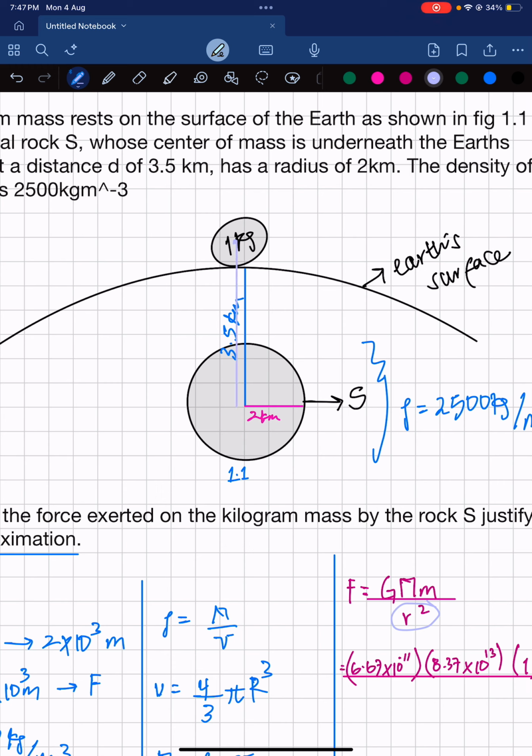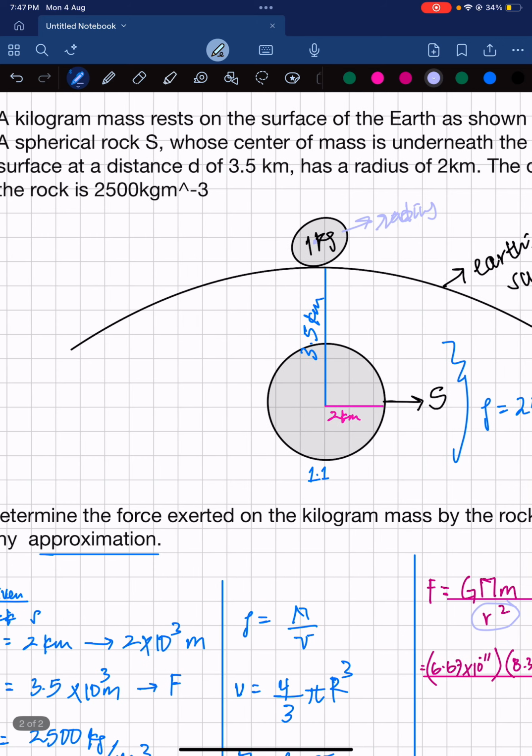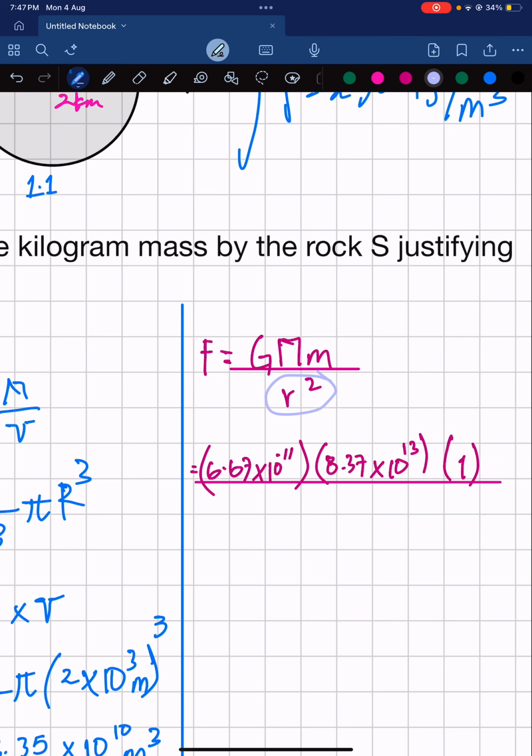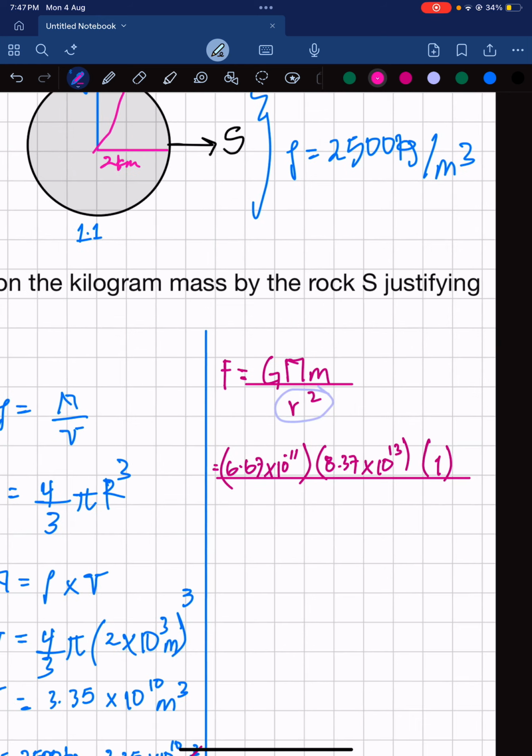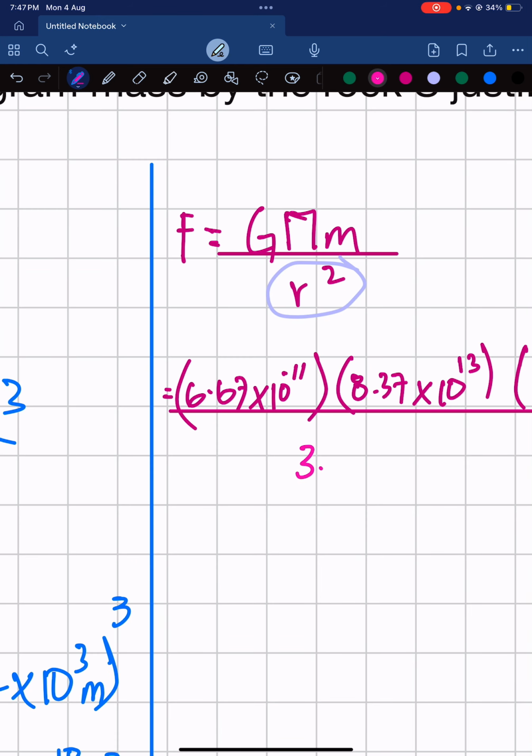but we don't have that distance, and that's why they say they need the approximate force. So we will just use D, that is from here to here, that is 3.5 kilometer, squared.